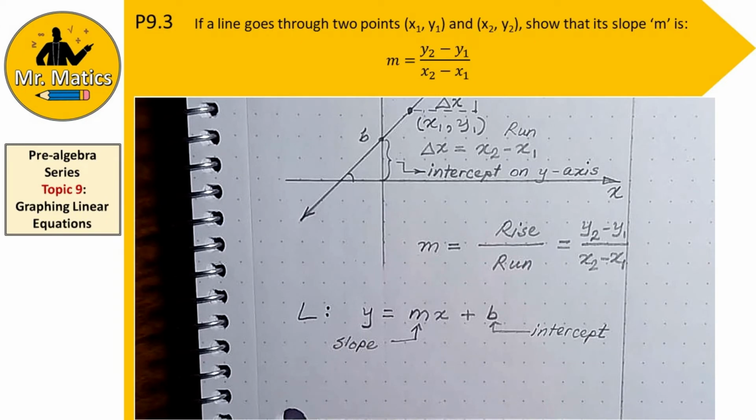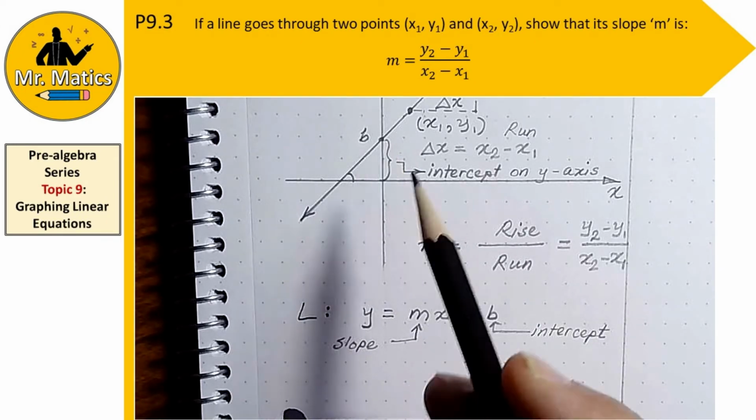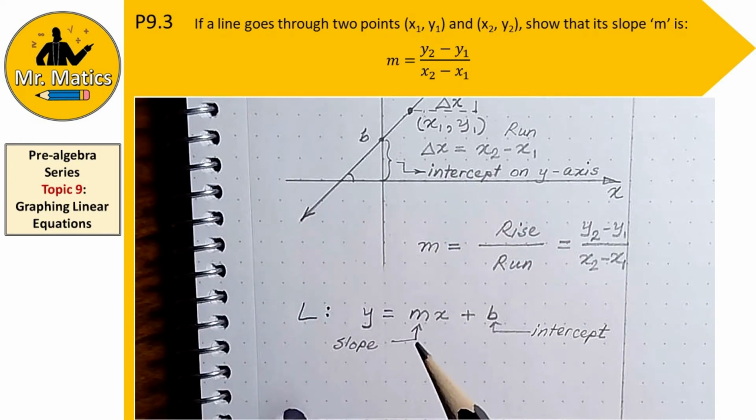And if y is 0, which has to be on this line, x will be minus b over m.